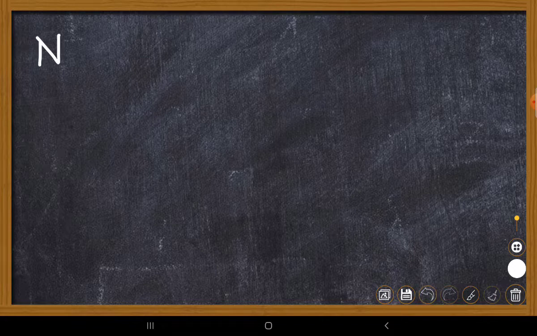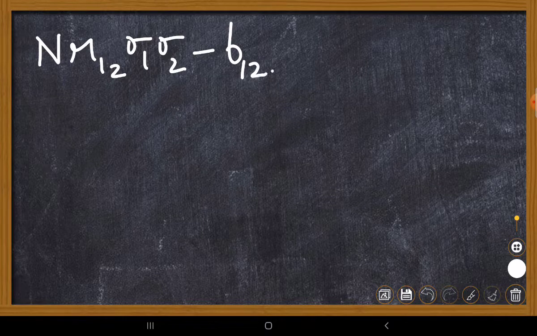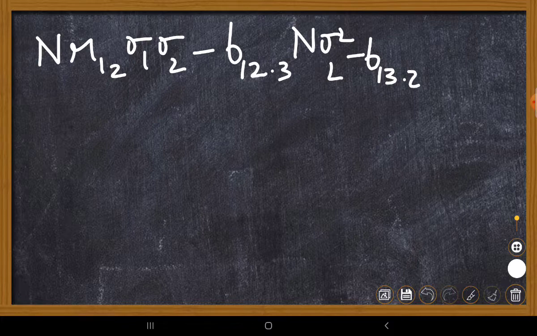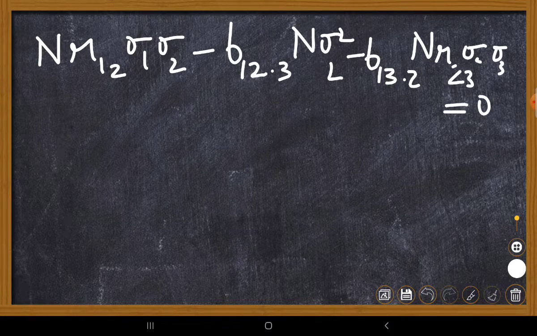And you will have your normal equations to be equal to this, okay? You will have n r12 sigma 1 sigma 2 minus b12.3 n sigma 2 square minus b13.2 n r23 sigma 2 sigma 3 equal to 0, okay?